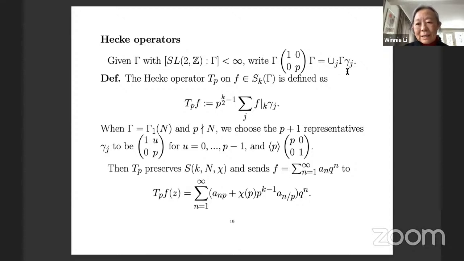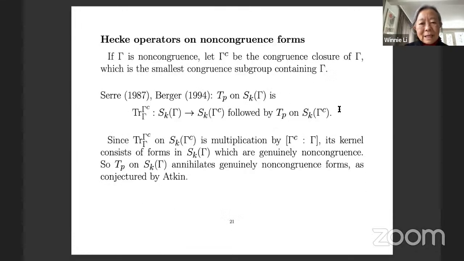They analyzed the coset representatives and found out that the T_p defined that way actually means the following. First, we take the trace from the cusp forms for gamma to cusp forms for gamma c. Gamma c contains gamma, so the forms for the larger group certainly are forms for the smaller group.